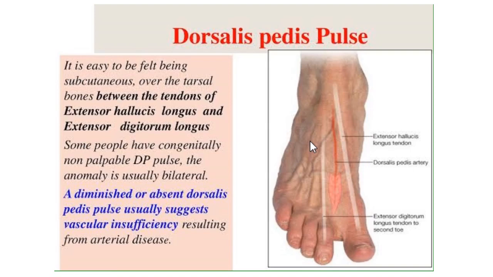If this absent pulse is bilateral, this shows that there is some congenital abnormality in the Dorsalis Pedis artery. But if absent pulse is found in one side only, it always indicates peripheral arterial disease and insufficiency of blood supply into the lower extremities.